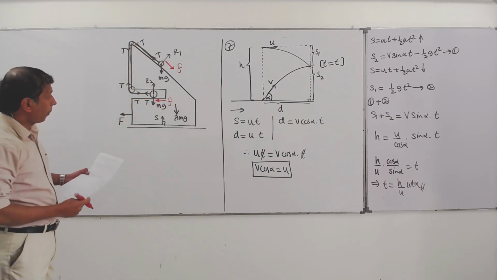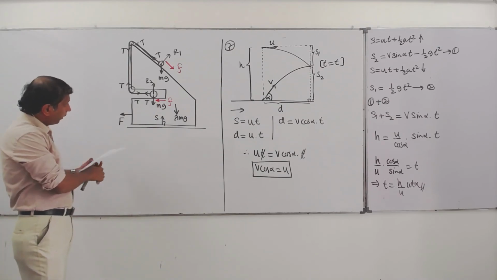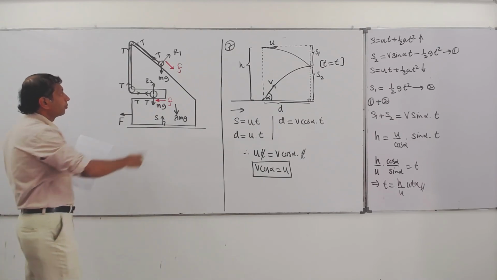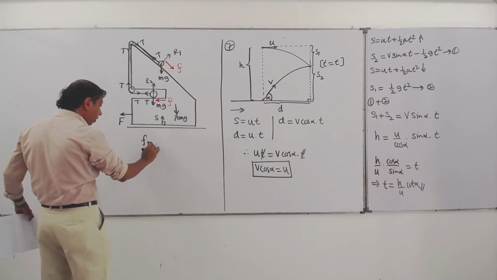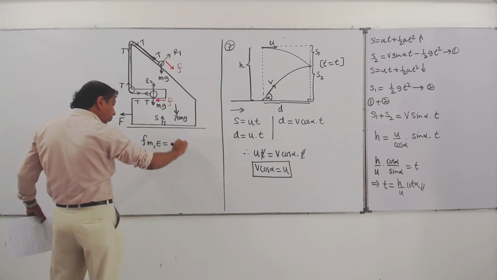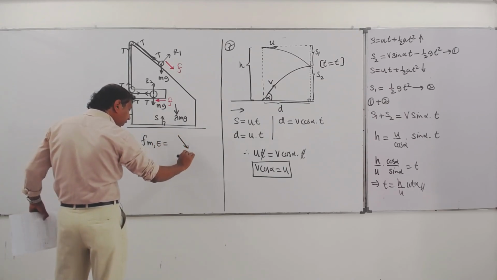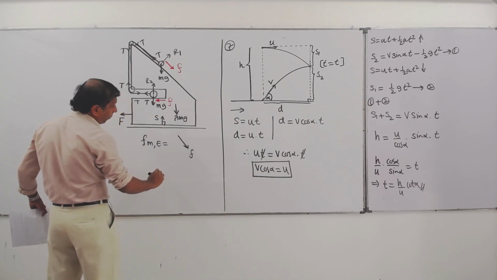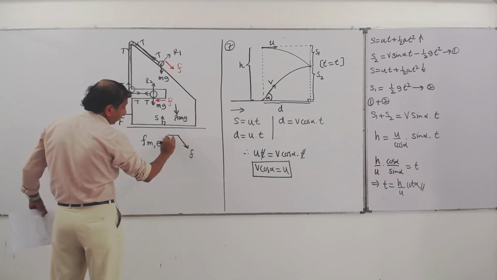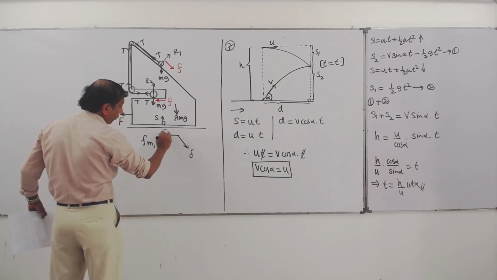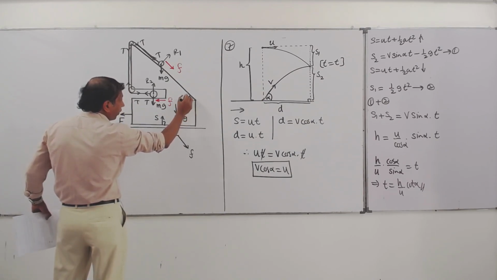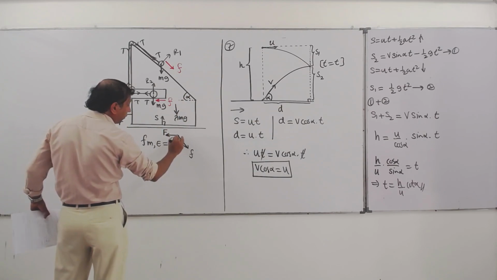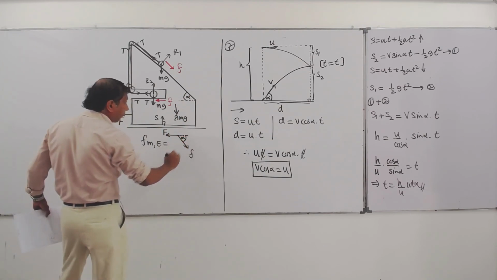Okay. Now we can write the acceleration of this small m relative to earth. What? Acceleration of small m relative to earth: moving this way with acceleration small f, and leftward with acceleration capital F. We know this angle is given as alpha. That is this angle alpha. Correct, no?